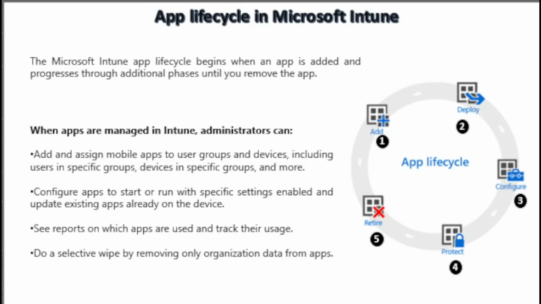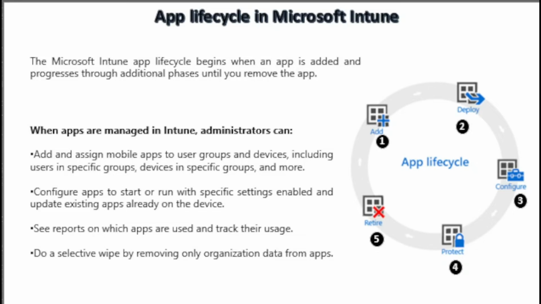So in the last slide, we talked about the device management lifecycle. In the same way, an application also has a lifecycle which begins when an application is added in the environment and progresses through additional phases until you remove the application. When applications are managed in Intune, the administrator can add and assign apps to users and groups and a device group.